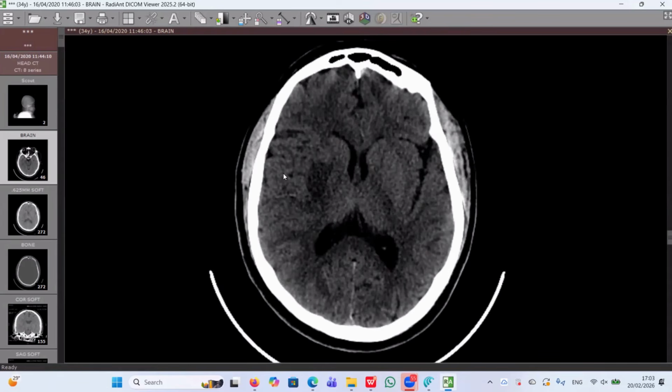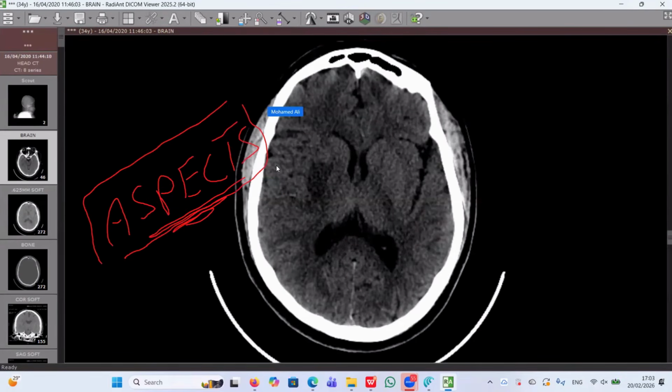I would like to add something very important. In any case of acute infarction, we should use a score to measure the volume of the cerebral infarction. We have something called ASPECTS. How can we measure the volume of the infarction?